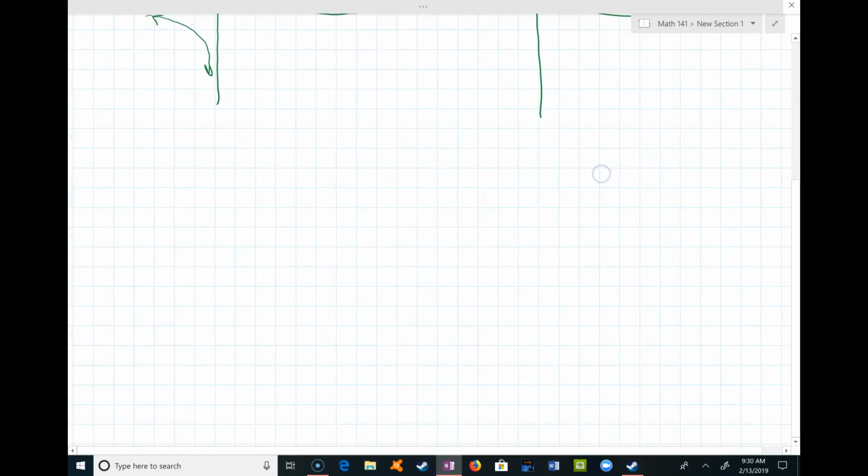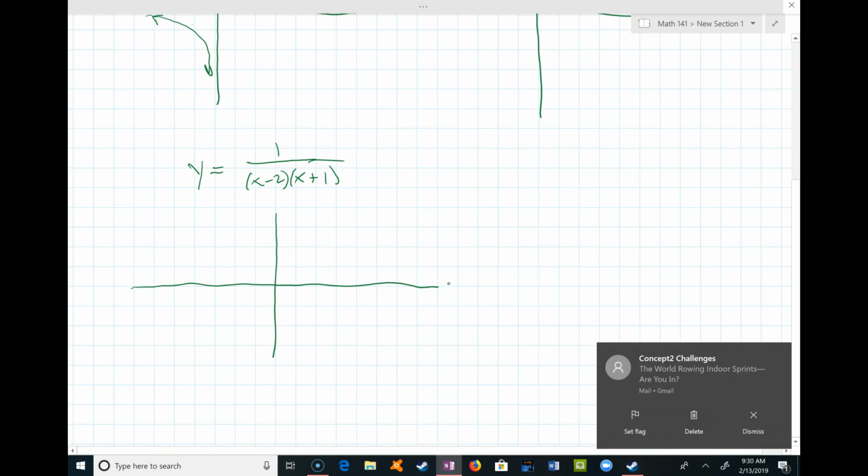So if we see something like y equals 1 over x minus 2 times x plus 1, that is also a rational function that's going to have an asymptote or 2. And so we can look at this and say, well, the asymptotes occur when the bottom of the fraction is 0, or the roots of the bottom.